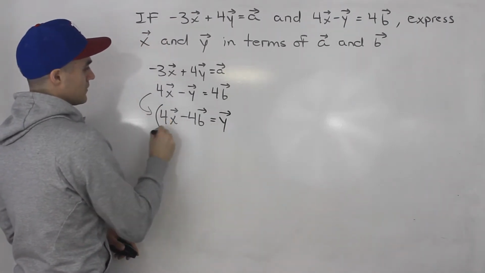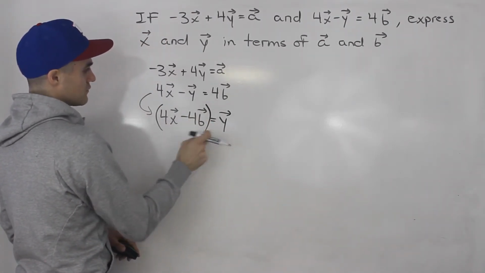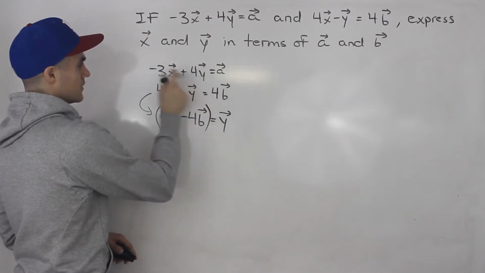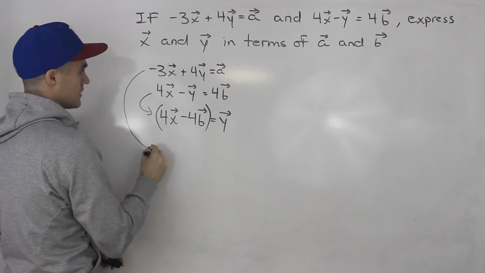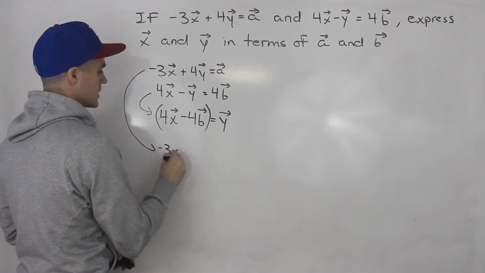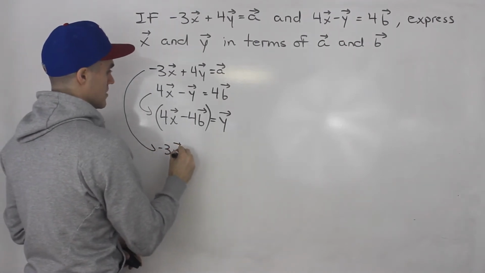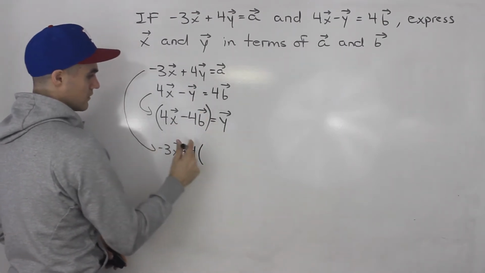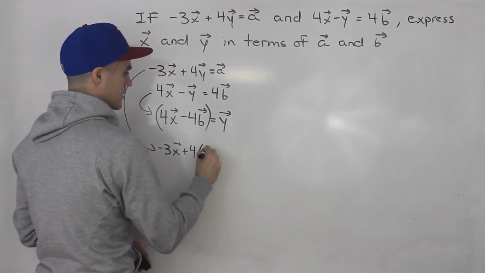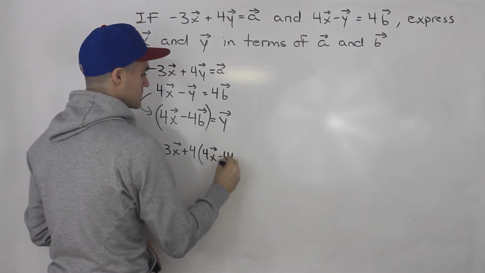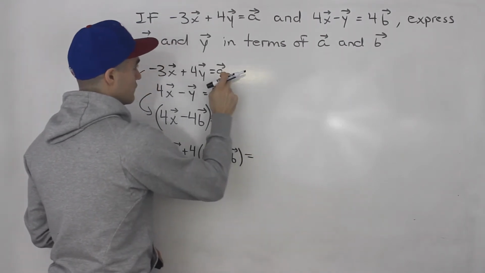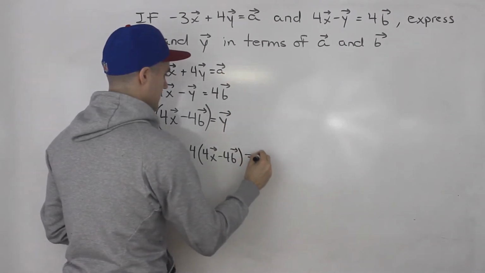And then what you want to do is plug in this expression for vector y into the other equation. So bringing this equation down here, we'd have -3 times vector x plus 4, and instead of writing vector y, we're now going to write 4 times vector x minus 4 times vector b, and that is equaling vector a.